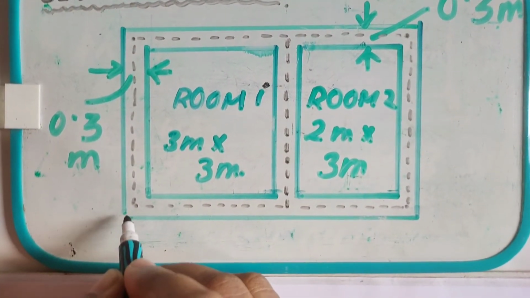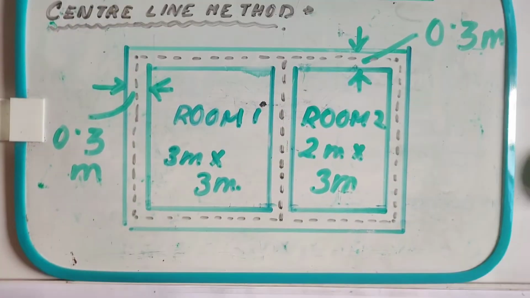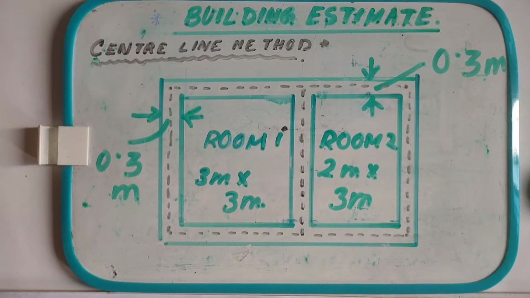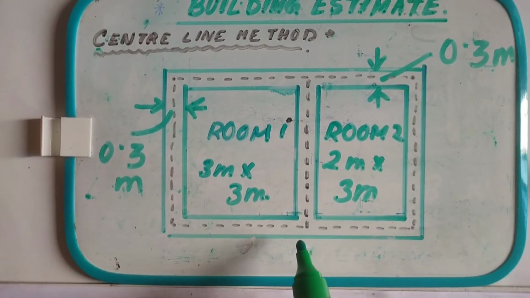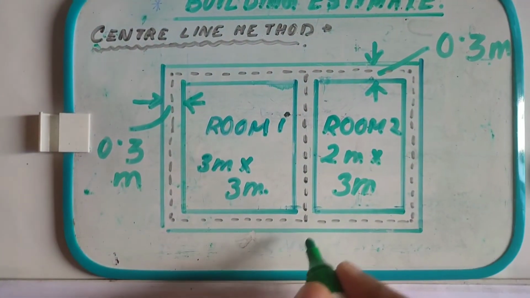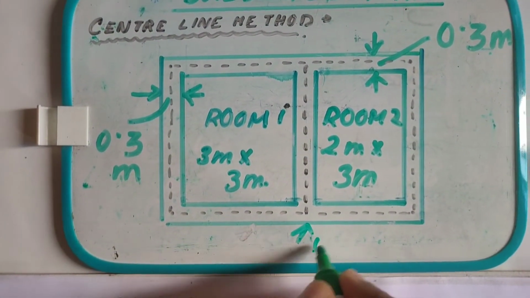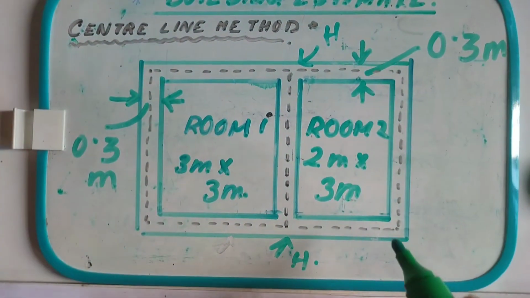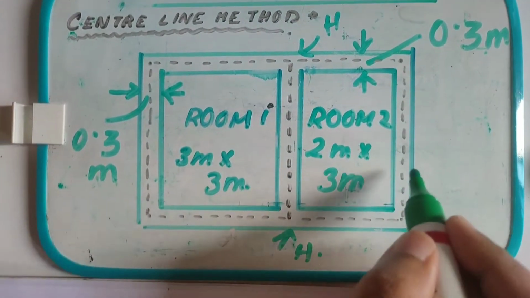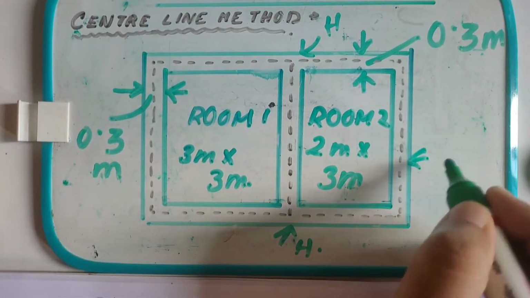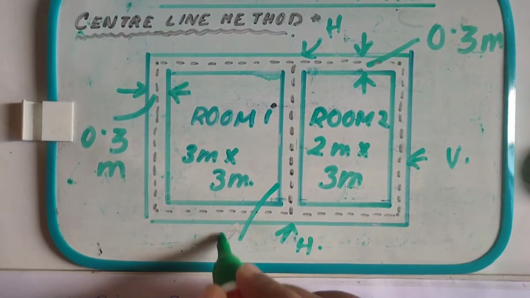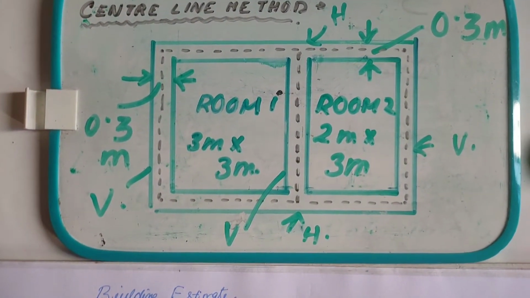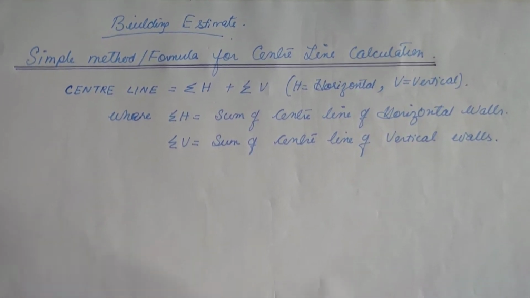We are considering horizontal and vertical walls. These walls will be considered as horizontal, this as well, and these walls 1, 2, 3 will be considered as vertical. Now coming back to the formula.